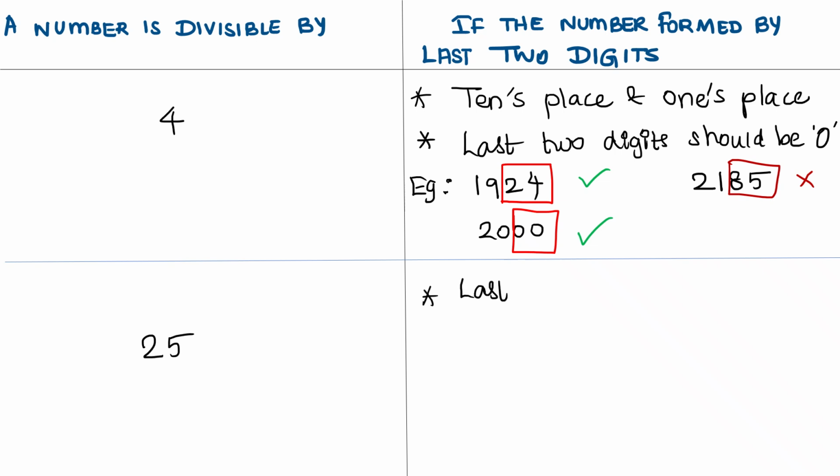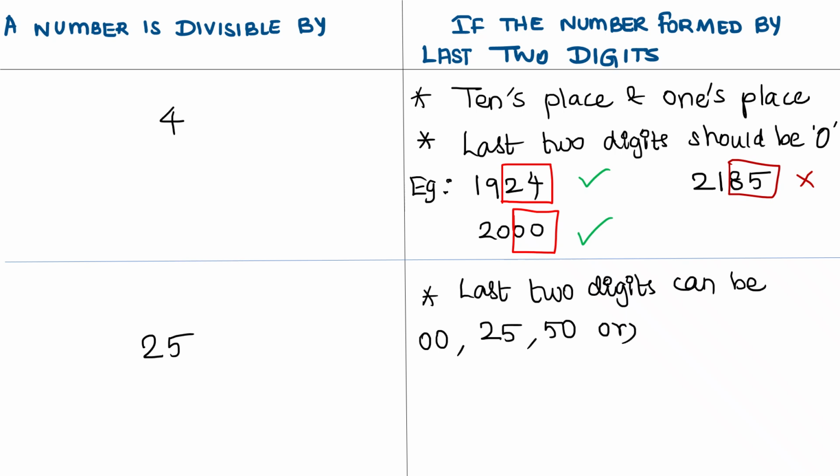The last two digits can be either both 0, or 25, 50 or 75. These are the conditions to be there in the tens place and the ones place of the given number.